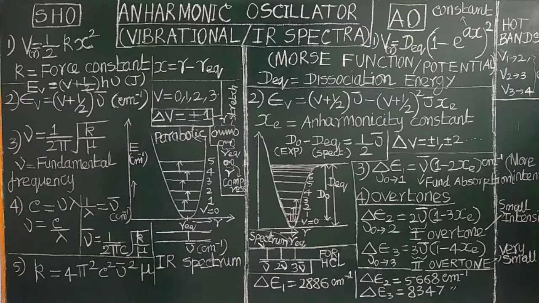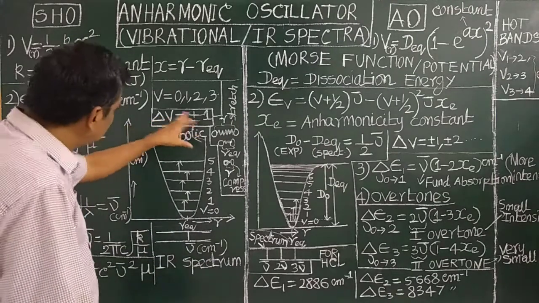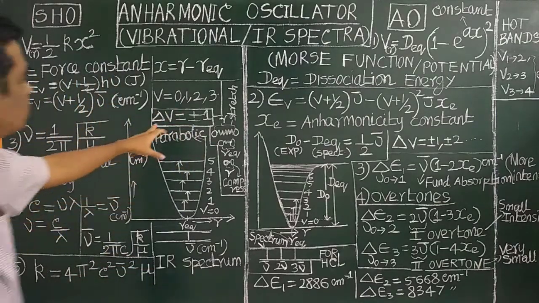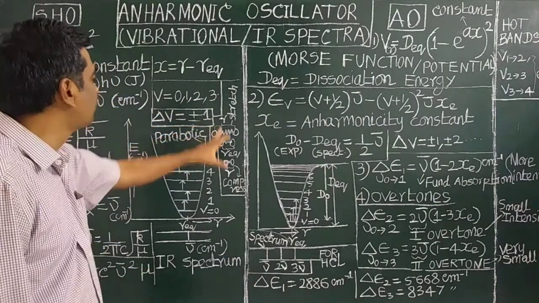Please watch that lesson. The selection rule for the simple harmonic oscillator is delta v equal to plus or minus 1.